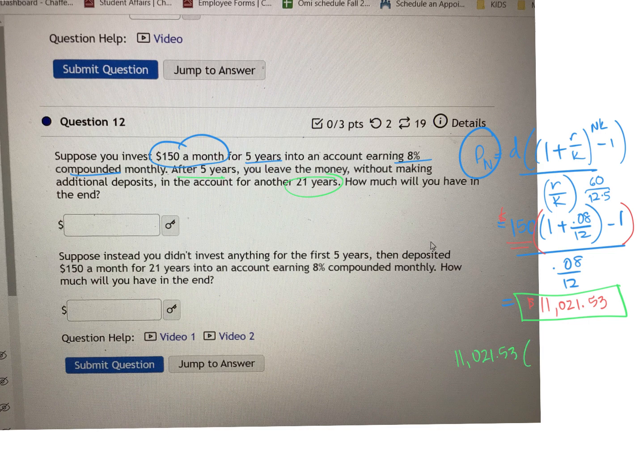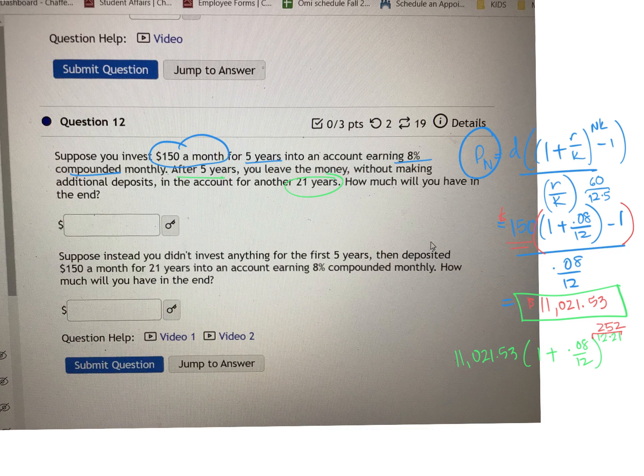$11,021.53 and multiply it times 1 plus 0.08 over 12, and it's going to do this compounding every month for 21 years. So we're going to write 12 times 21, or you could multiply that to write it a little bit simpler, and that will be 252.